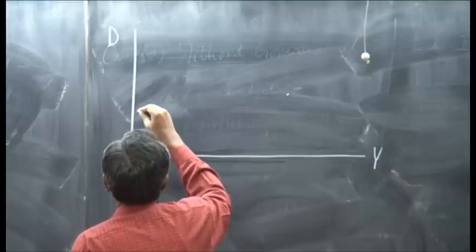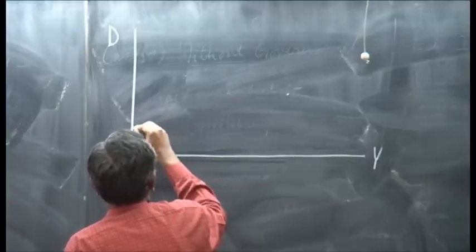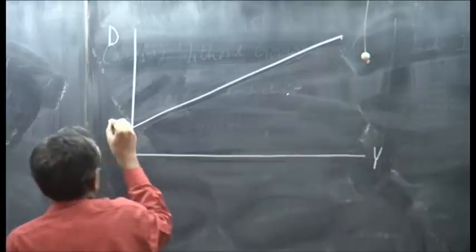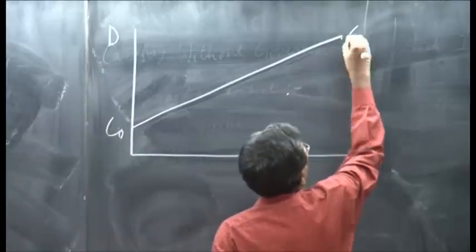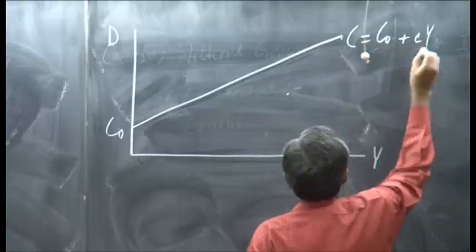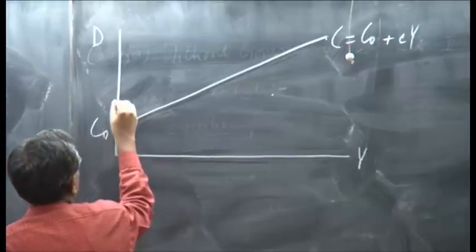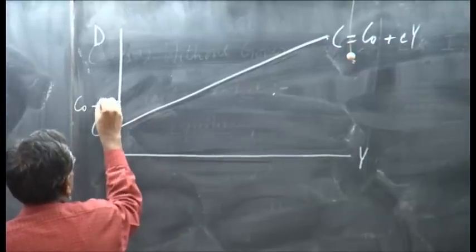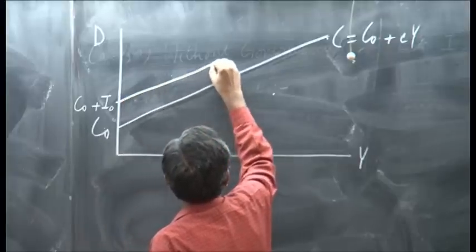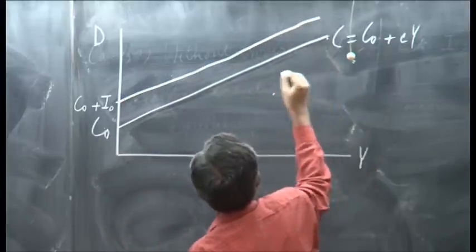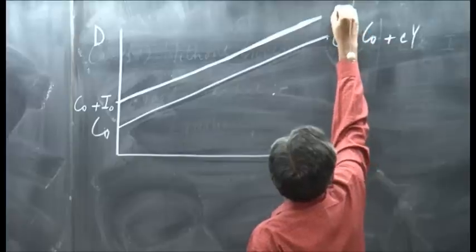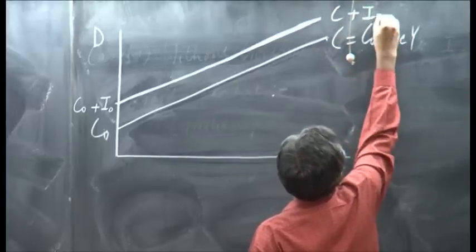Recall D is equal to C plus I. So the C line is like this, which has autonomous consumption C naught, and C is equal to C naught plus small c Y. Add autonomous investment, so you have C naught plus I naught, and you have the aggregate demand line, the C plus I line, like this.